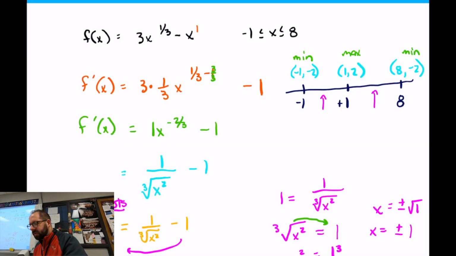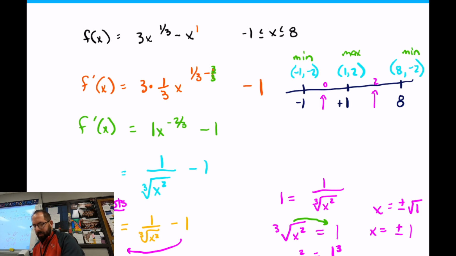I'm going to plug in 0 and maybe just a number like 2 here. So 0 gives me 0, which is still technically positive. It's not negative. If you want to plug a different number like 0.2 in there, I don't really care.